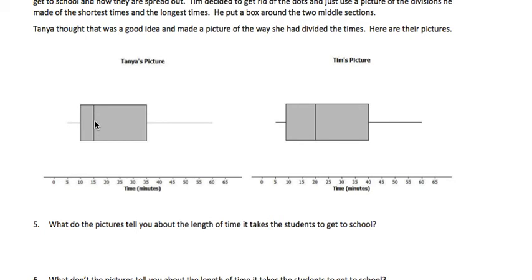The longest times were 62 minutes, and a bunch of the students took from 10 minutes to 35 or 40 minutes to get to school. It kind of looks like most students live closer to school, or at least got to school in a short amount of time.